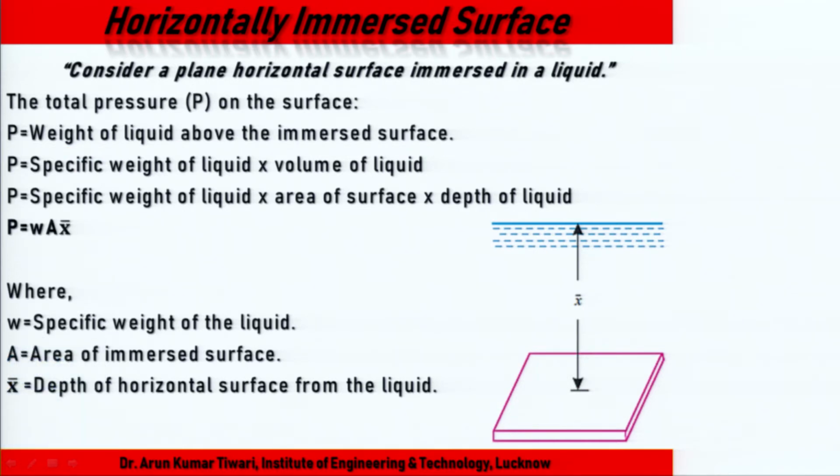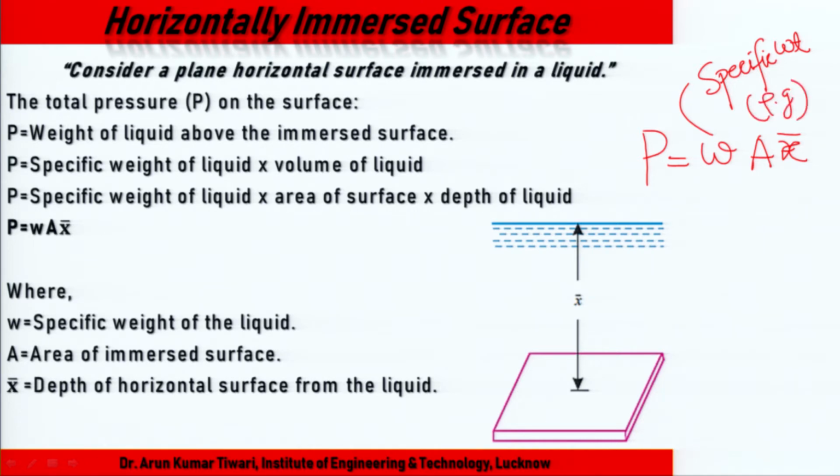So the total pressure exerted equals w A x bar, or gamma A x bar, where w is the specific weight, which is rho into g. What about A?